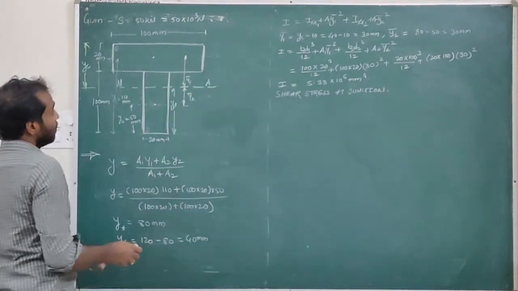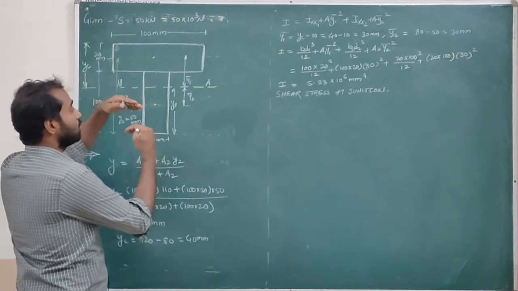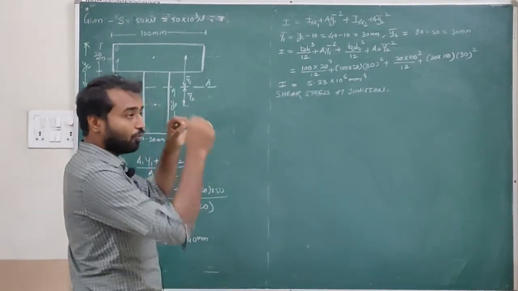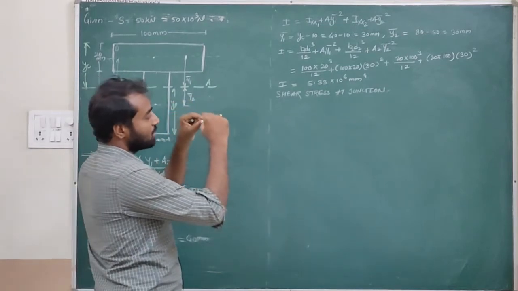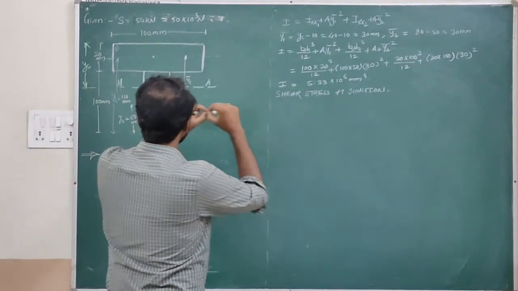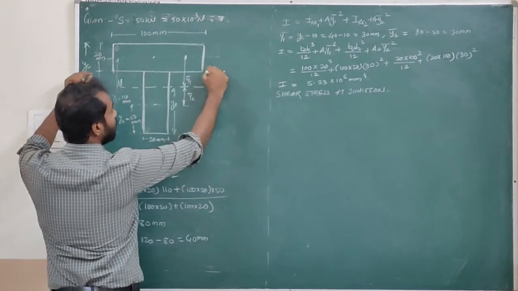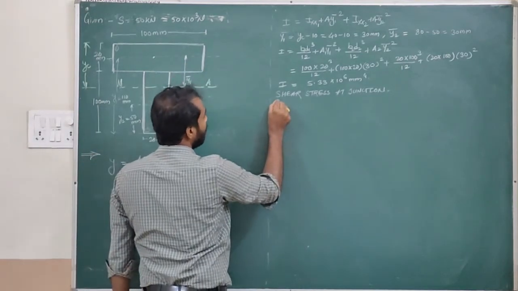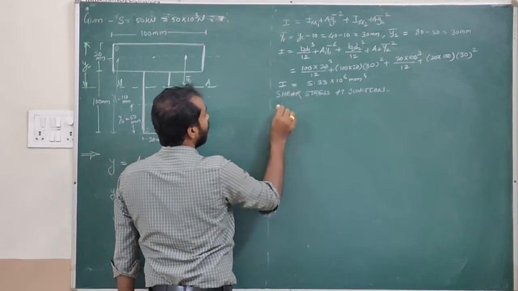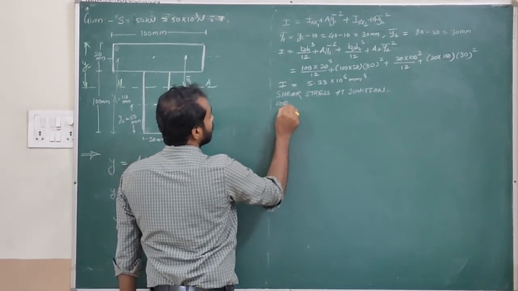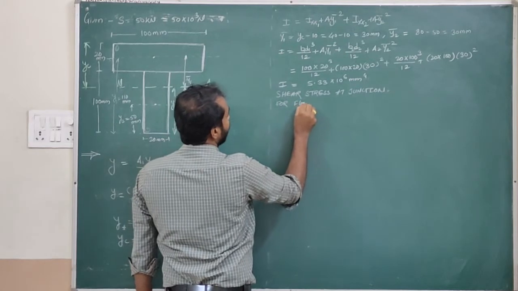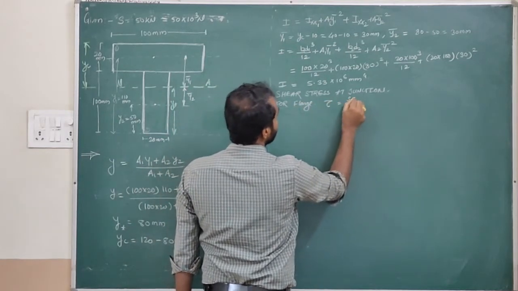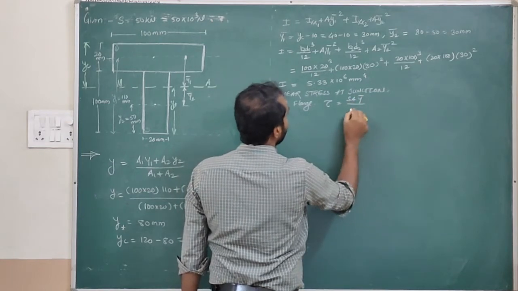At junction means when the flange and web are connected to each other, at that location we need to find the shear stress, where the bottommost layer of flange and the topmost layer of web meet. So first of all for flange, again our formula is tau is equal to S into A into Y bar upon I B.